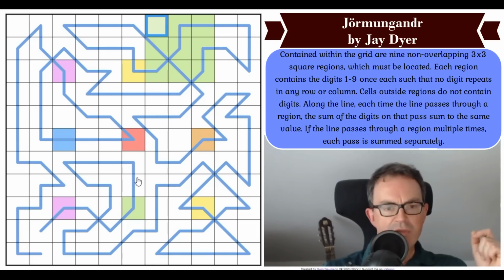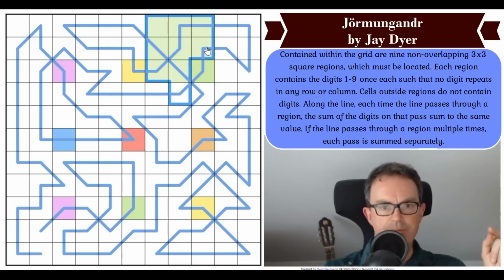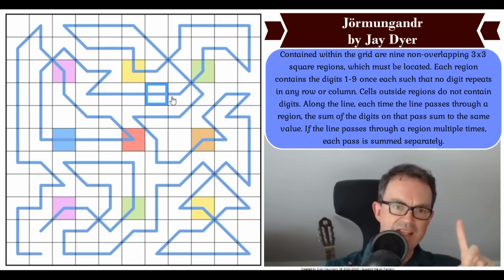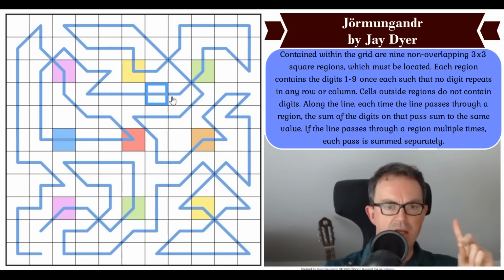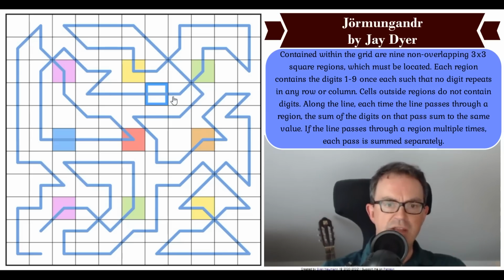I was wondering, given what I've just drawn in here with these colours, is it necessarily the case that there must be a 3x3 region in this puzzle that is entirely line?